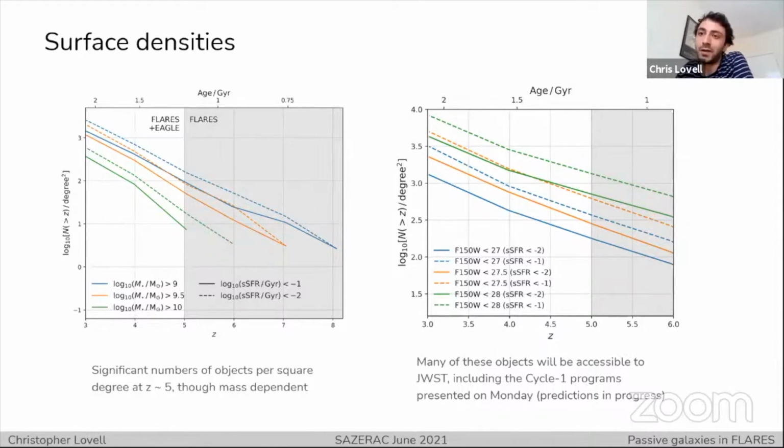I've just noticed about 2 minutes before this talk, the numbers on the y-axis for this plot on the right are wrong, but there's just a normalization error there. But these are essentially predictions for different F150W cuts from JWST and the detectability of different passive galaxies. And these are for all galaxies above a mass of 10^9 M solar. So we're working on tailored predictions for some of the Cycle 1 programs now.